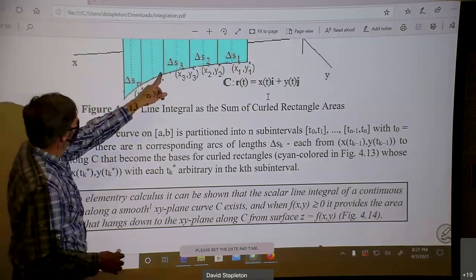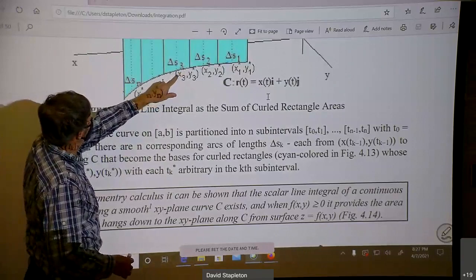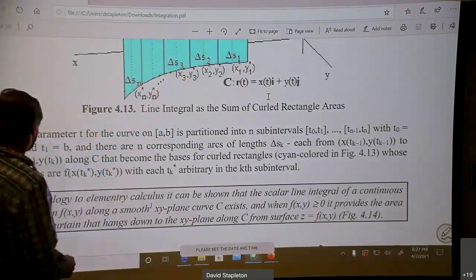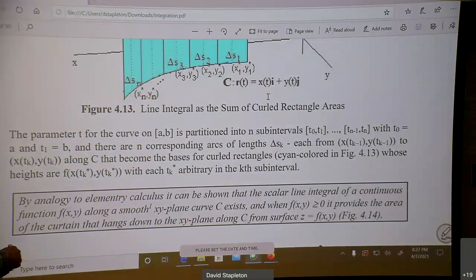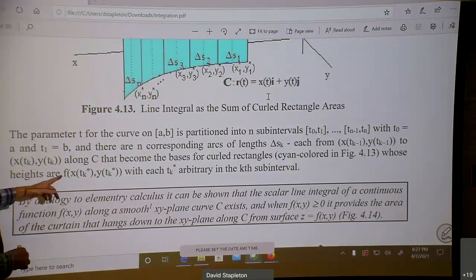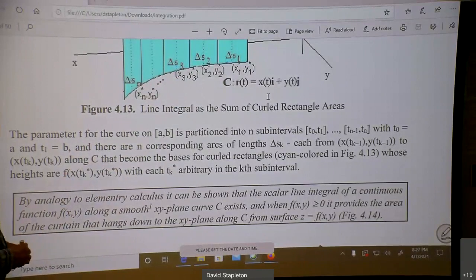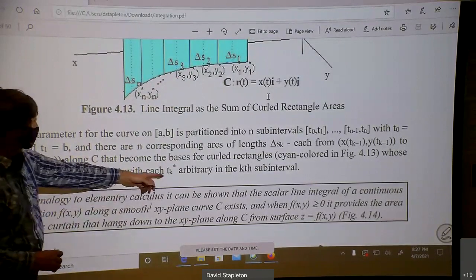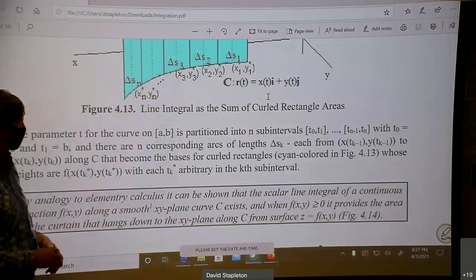So on the kth interval, you take any point you want, xk star, yk star, and take the height of the function at that point for the height of the rectangle. And that gives you the area of a rectangle up to the surface.